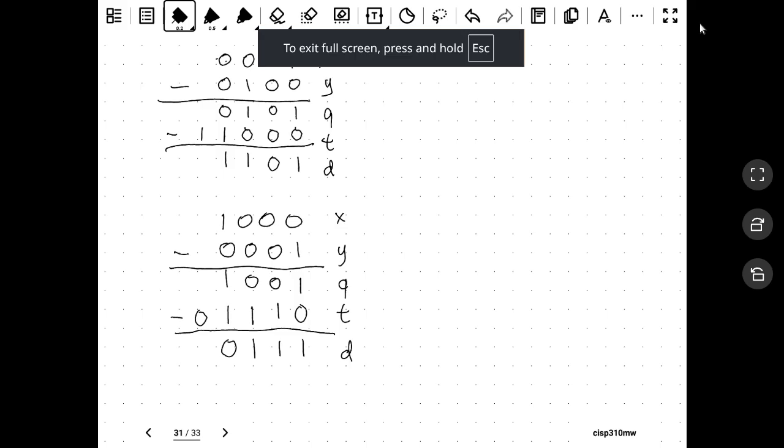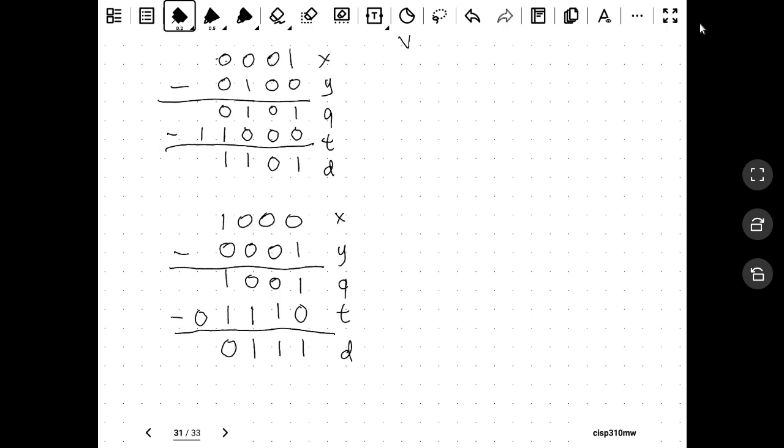So what we'll do is, what about VU? We're going to go for unsigned first. So what is VU of X, 4? X only has 4 bits, so I can only go up to 4. So what would that be? Let's see. 1 times 1 plus 0 times 2 plus 0 times 4 plus 0 times 8.